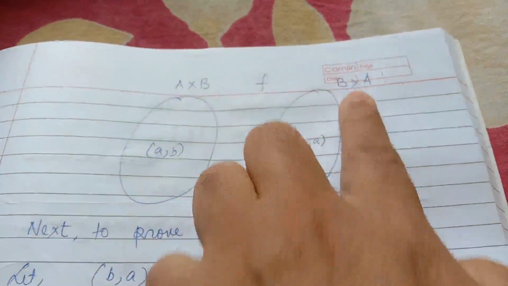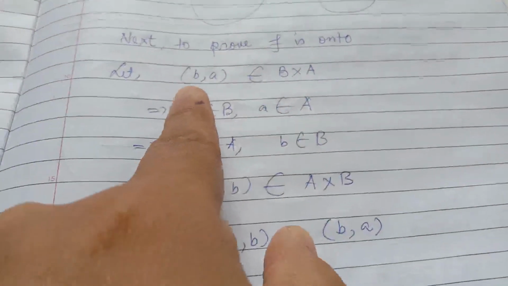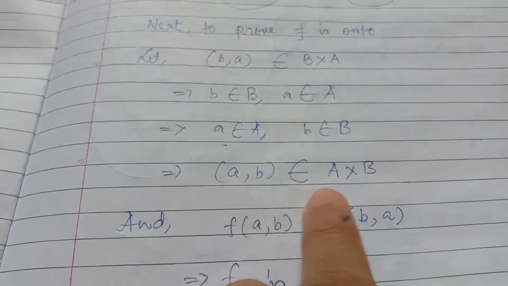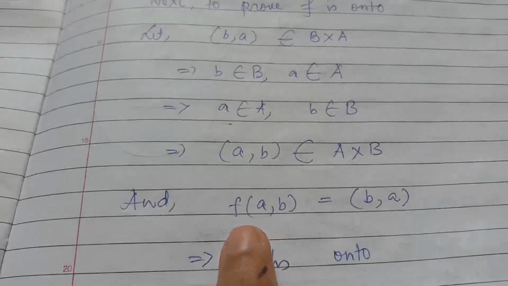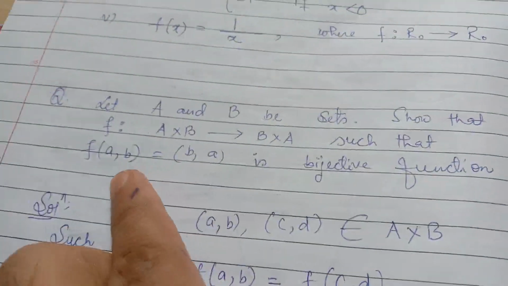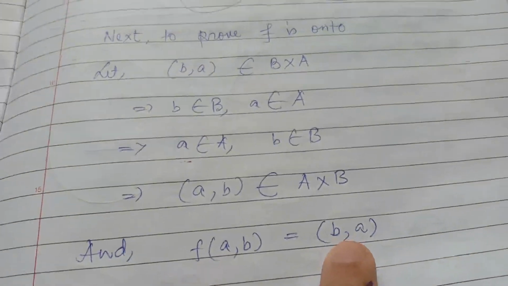So if (b, a) belongs to B cross A, then (a, b) belongs to A cross B. Here we have proved this, and by definition of the function, f of (a, b) will be equal to (b, a).